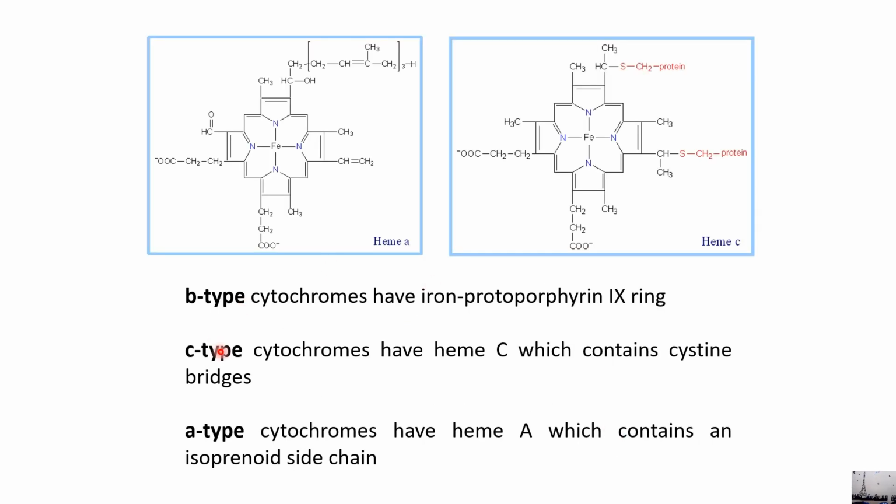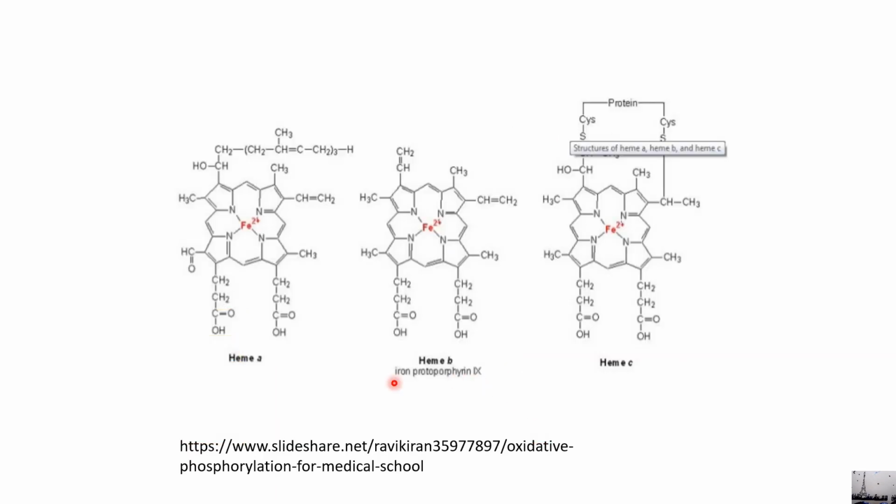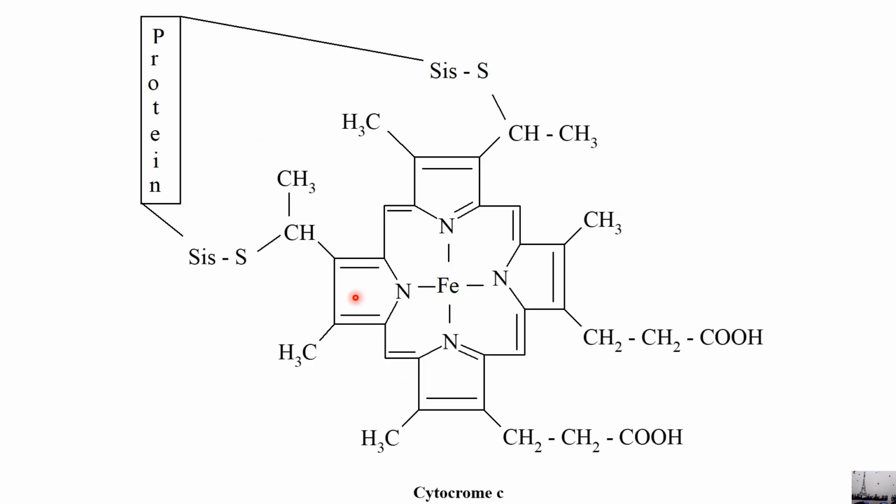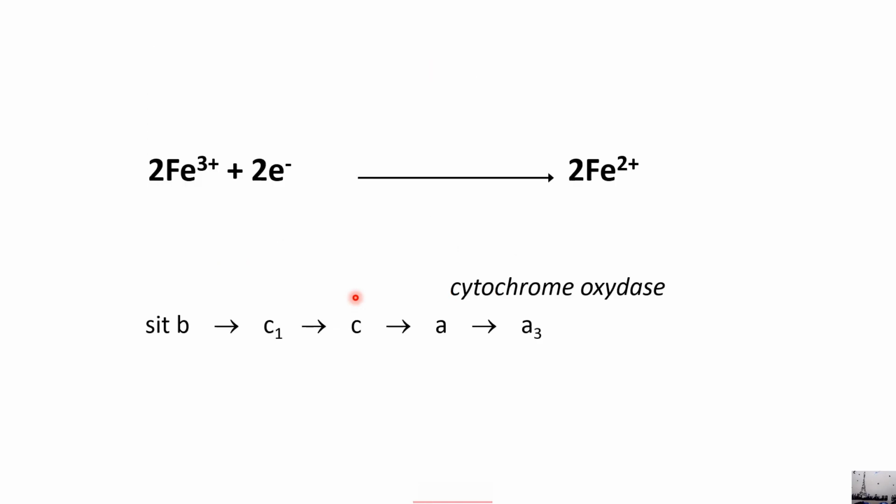B-type cytochromes have iron protoporphyrin IX ring. C-type cytochromes have heme C, which contains cysteine bridges. A-type cytochromes have heme A, which contains an isoprene side chain. This is the physical structure of the heme groups. This is cytochrome C.